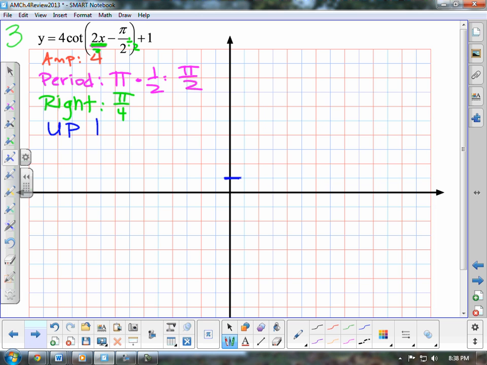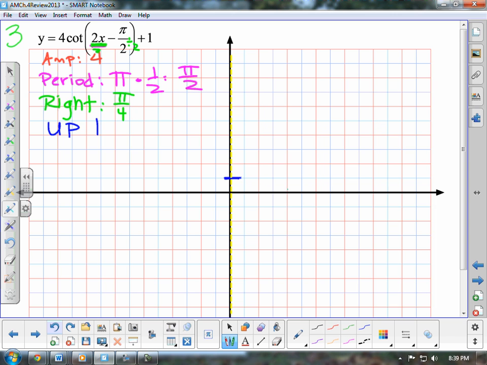And we are dealing with cotangent. And remember now, cotangent has an asymptote on the y-axis, not on the midline. Except in this case, we have to shift everything to the right pi over 4. So therefore, we first need to mark out where our scale is going to be.